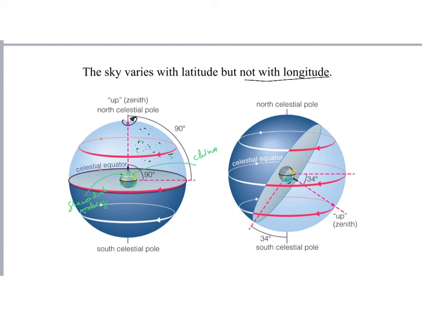So from somewhere in the northern hemisphere, you draw that horizon and you look up. The highest point is the zenith, and you identify the position of the south celestial pole, and that turns out to be 34 degrees altitude.